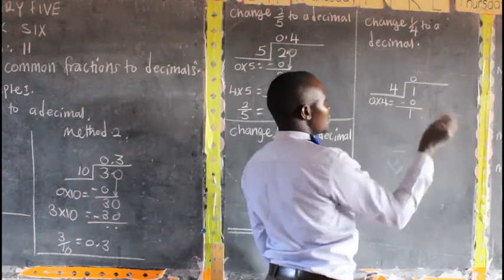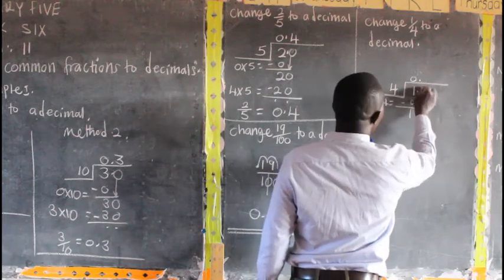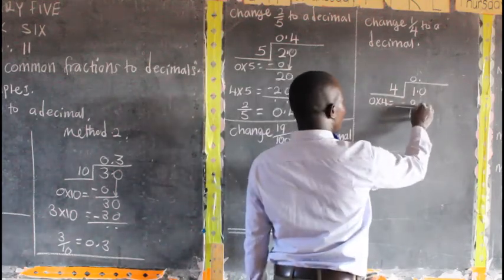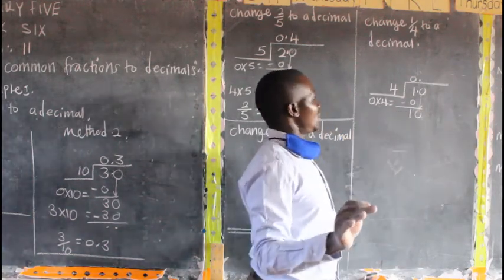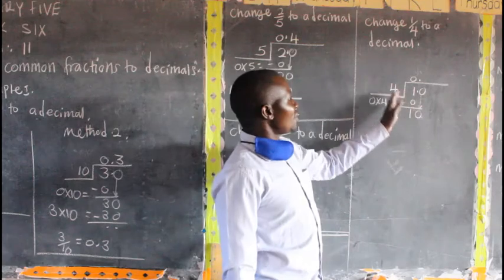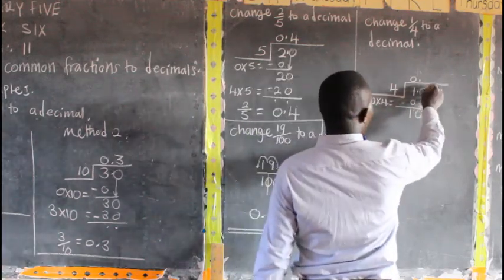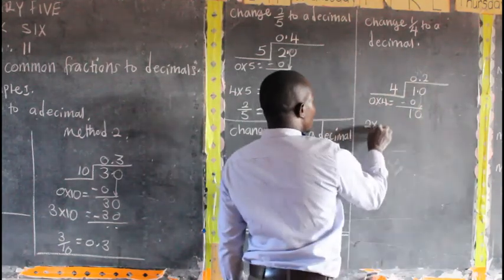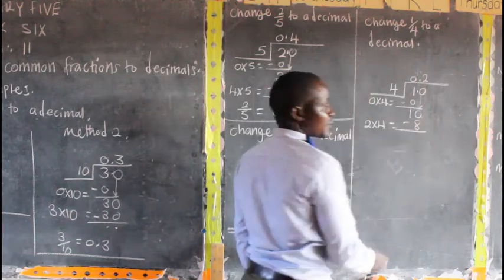Then after that, put here a decimal point, even here a decimal point, with a 0. Then you put this 0 here. Now it becomes 10. Now 10 divided by 4 is 2. Then you say 2 times 4 equals 8. Then you subtract.